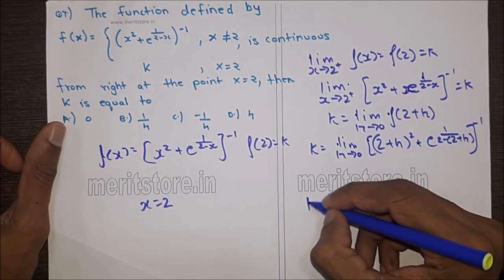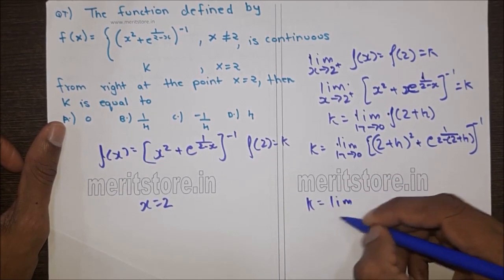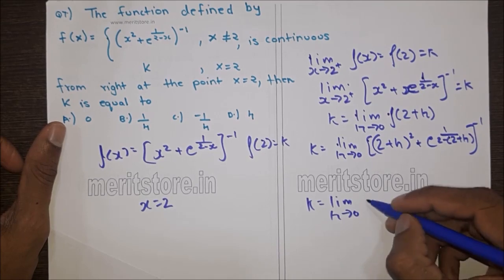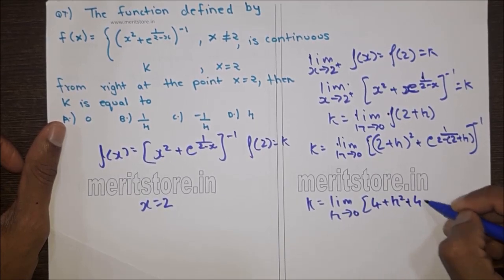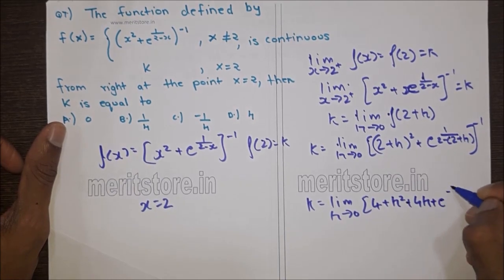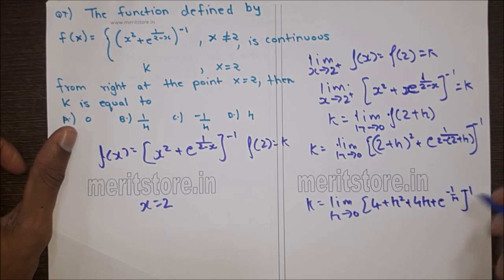On solving, we get k equal to the limit as h approaches 0 of 4 + h² + 4h + (e^(-1/h) - 1)^(-1).